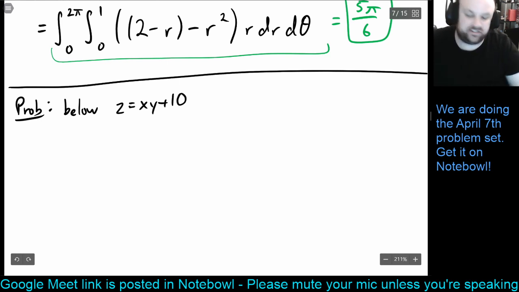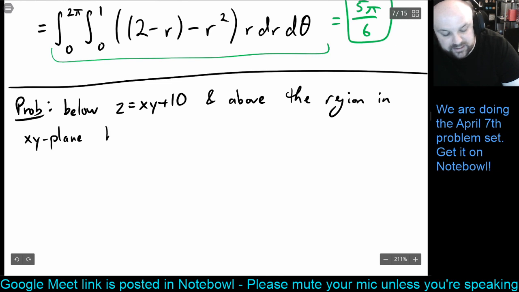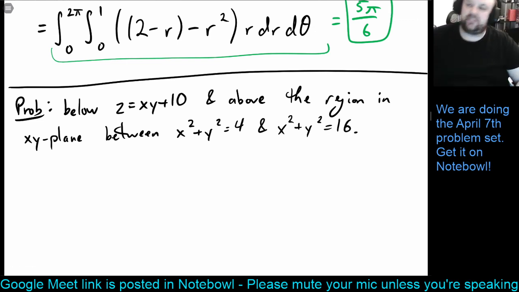So below that region and above the region, in the xy plane, between x squared plus y squared equals 4 and x squared plus y squared equals 16. So this region between two circles, this is what we call an annulus. So the region between these two functions is what we would call an annular region.